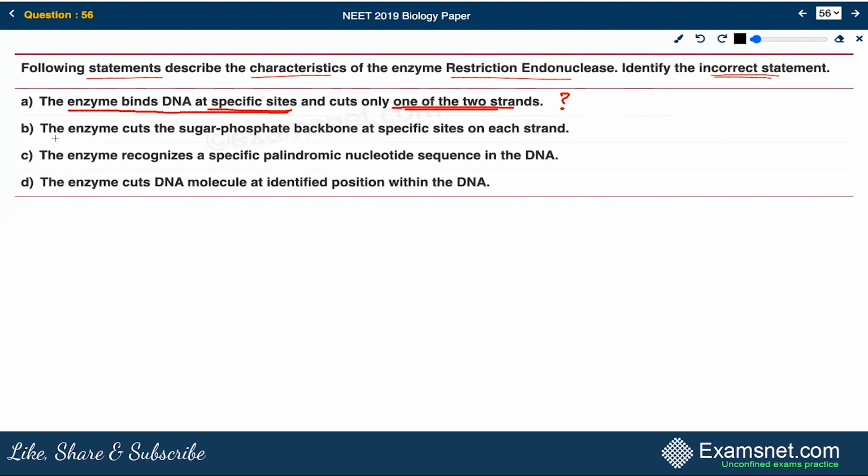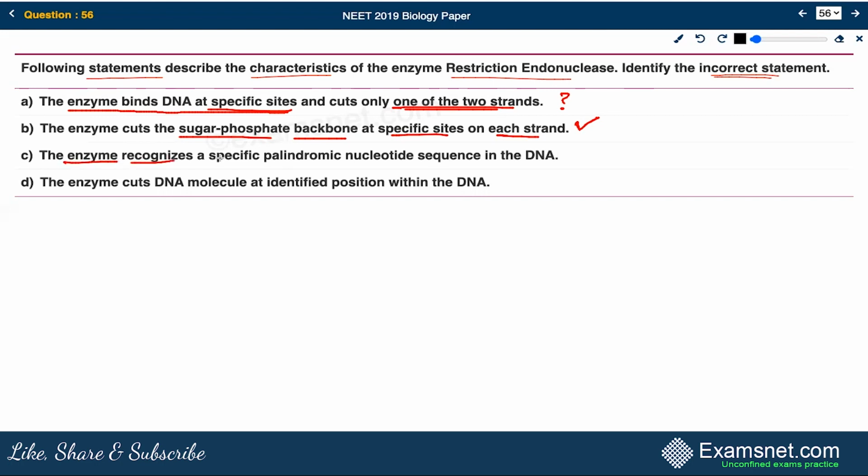Option B says that the enzyme cuts the sugar phosphate backbone at specific sites on each strand. This is a correct statement because the restriction endonuclease cleaves the molecule by recognizing the sugar phosphate backbone.